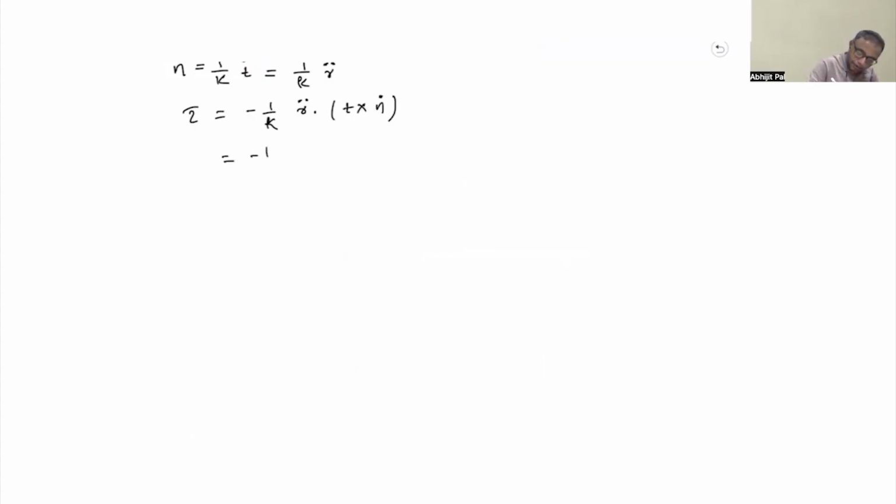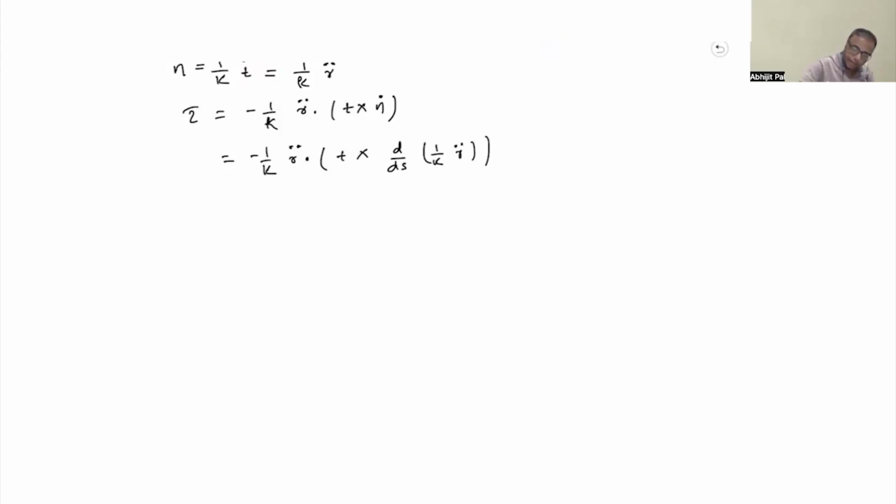And now, what is n dot here? This is basically d/ds of 1 by k γ double dot.